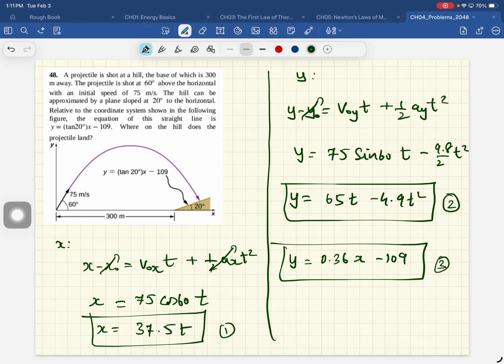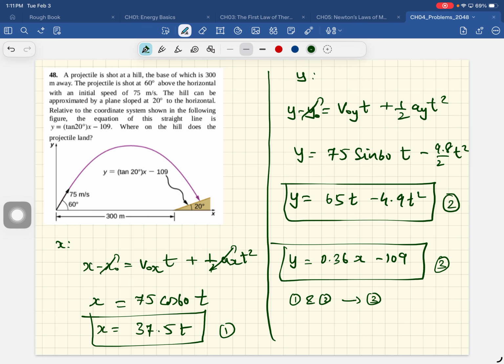Okay, so what is it that we are interested in? We're interested in the x and y coordinate. So what we can do is, for y, we'll substitute that equation, for x, we'll put that in there, solve for t, and then come back and solve for x and y. All right, so what we're going to do is put 1 and 2 into 3.